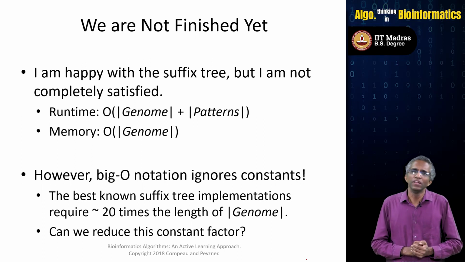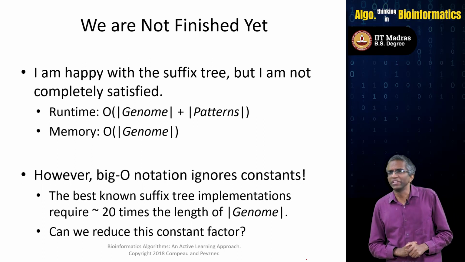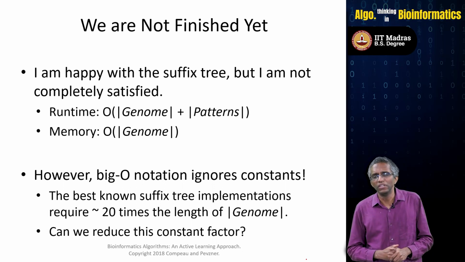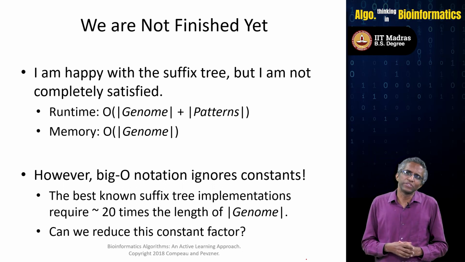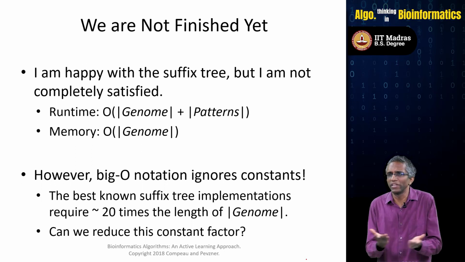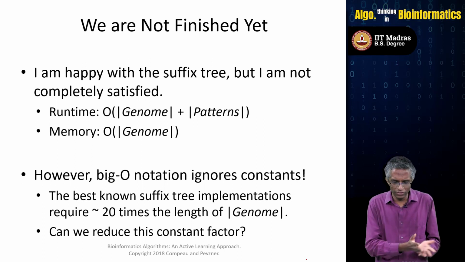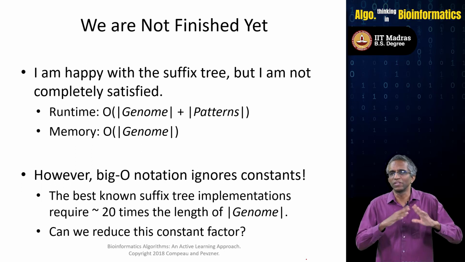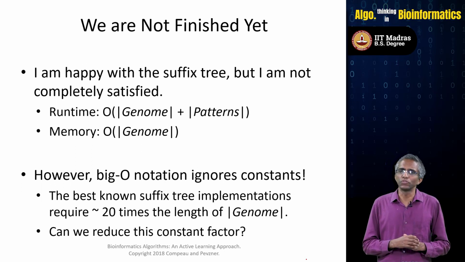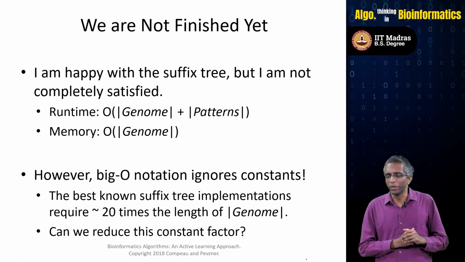You know that the random access memory is one of the most expensive parts of a computer. So we'd like to keep our memory footprint as small as possible so that we can fit the whole genome, or the index structure, the suffix tree or some other data structure that is an index for the whole genome, into the main memory.